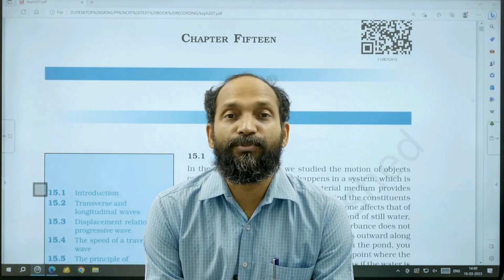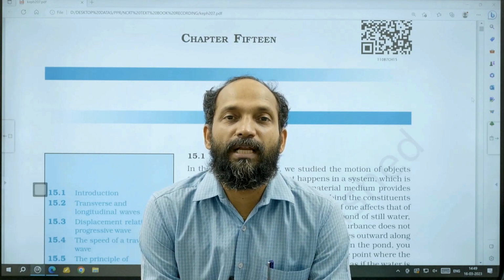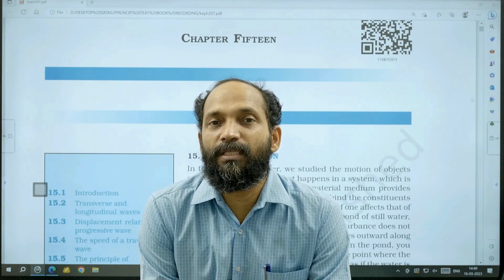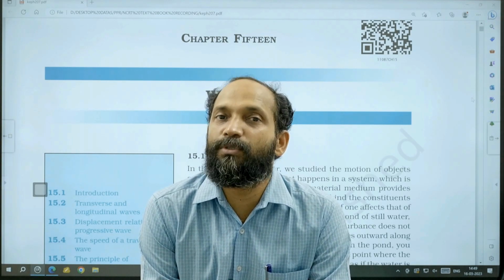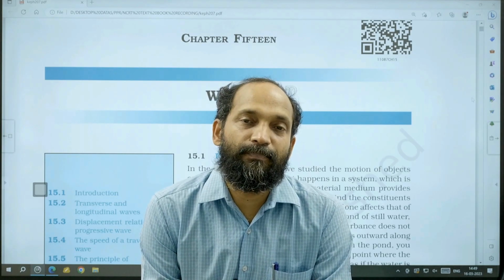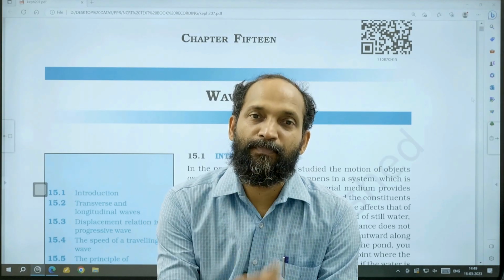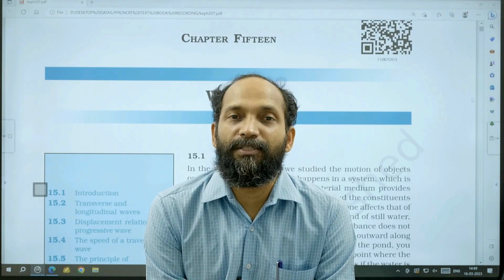What are waves? Waves are the modes of transfer of energy from one place to another place without the actual transfer of the medium, or without the actual transfer of the particles of the medium. But the energy propagates.